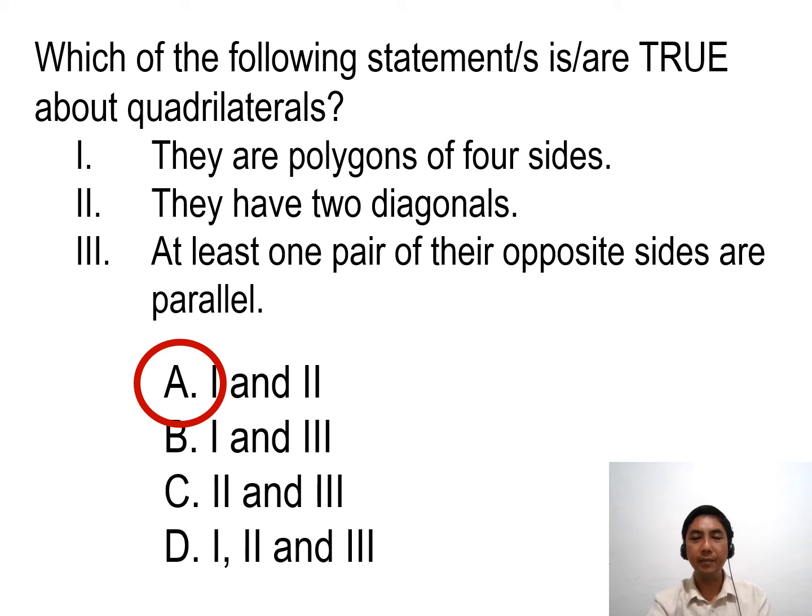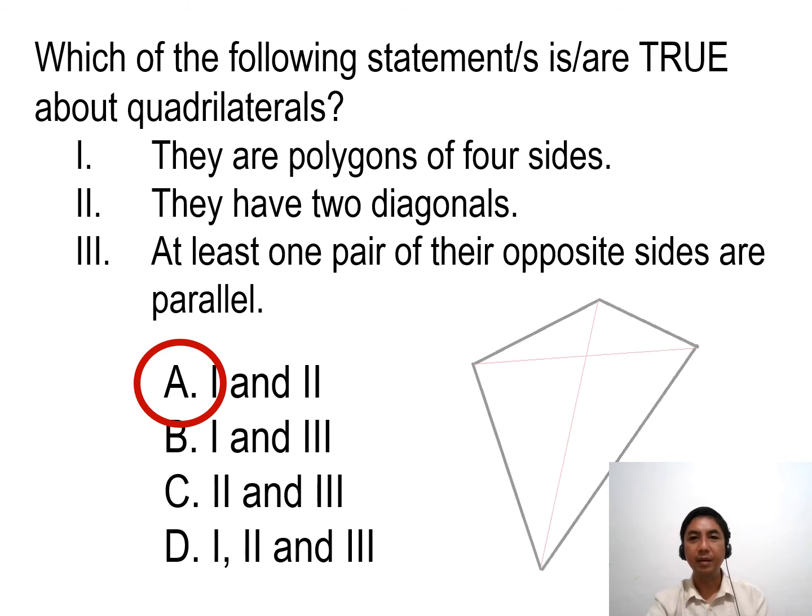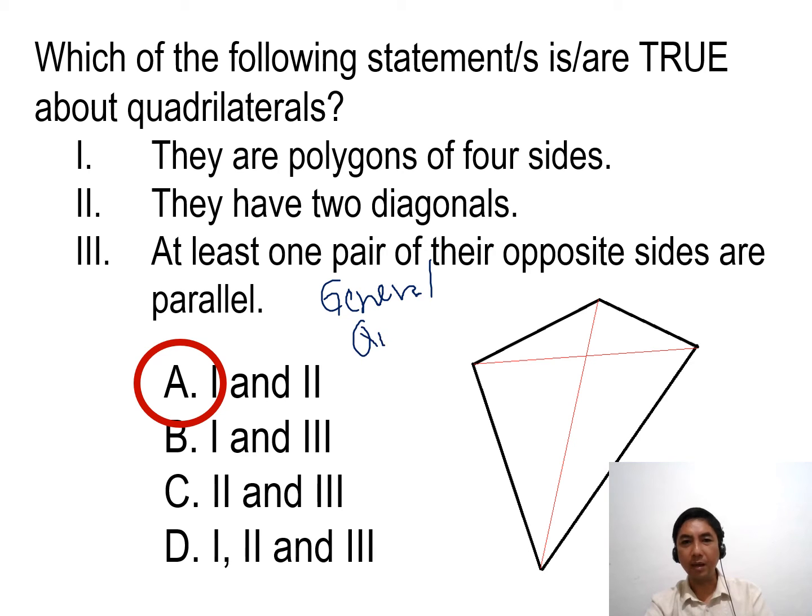For number 3, not all the time a quadrilateral has one pair of opposite sides which are parallel. May chance na totoo yan. May chance nga na dalawang pares opposite sides na parallel. Pero may chance or may time na wala yan na number 3. Example ito. We call this one a general quadrilateral.